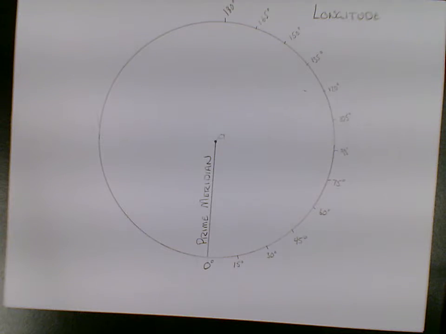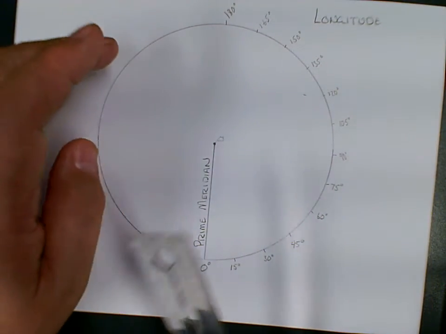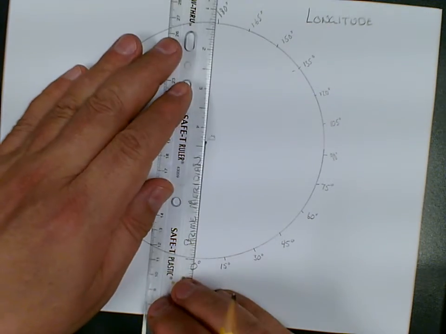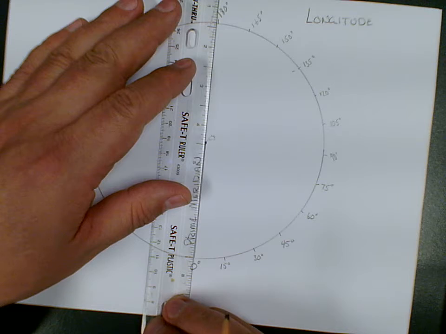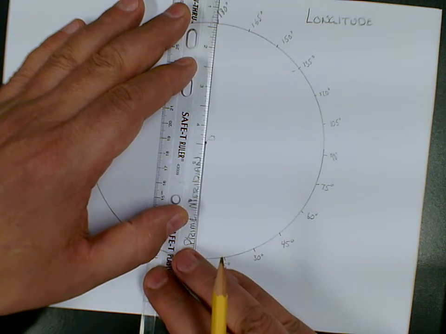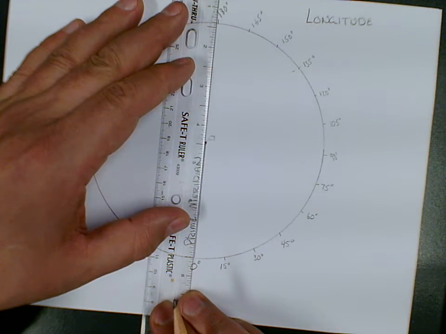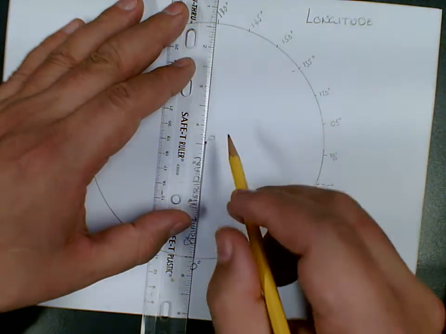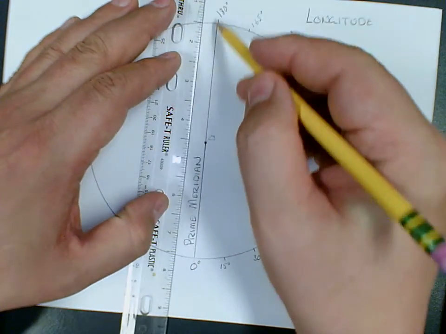Okay, so let's draw a meridian. Again, lines of longitude, isolines of longitude, are called meridians. What I'm going to do right now is connect the point from the North Pole with the 180. Now, this should be almost an extension of the prime meridian, so it should be a very straight line.